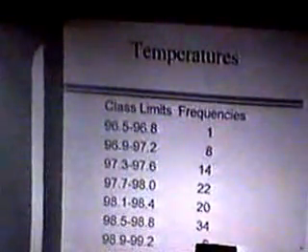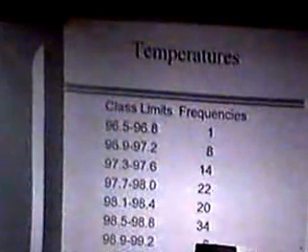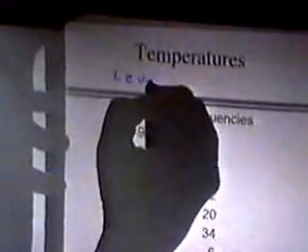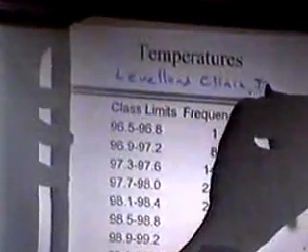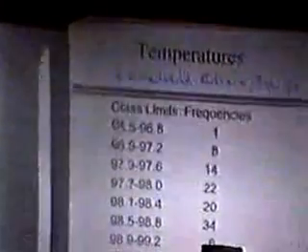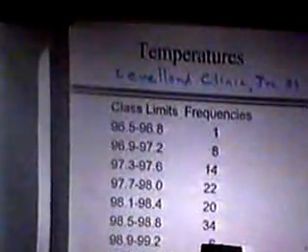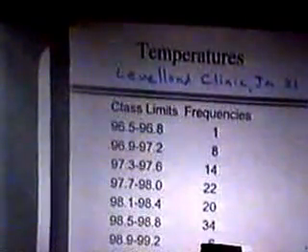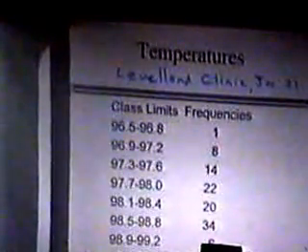Maybe I should tell you that these are temperatures from a certain clinic on a certain day. Maybe they are from Level Land Clinic, January 21st. That helps you tell more. The title should tell you everything you need to know about what these numbers are.